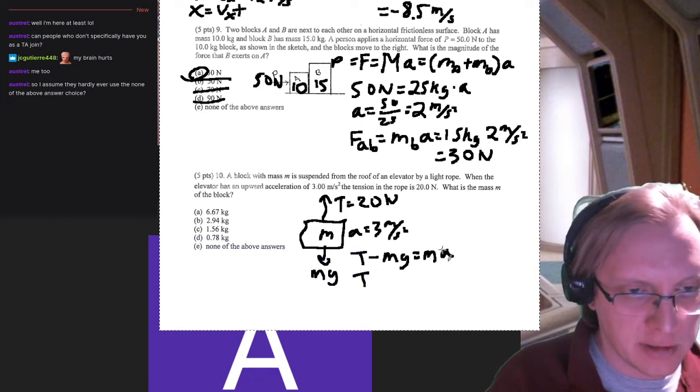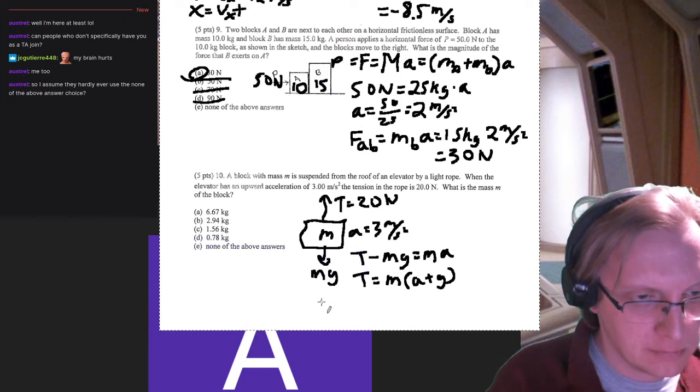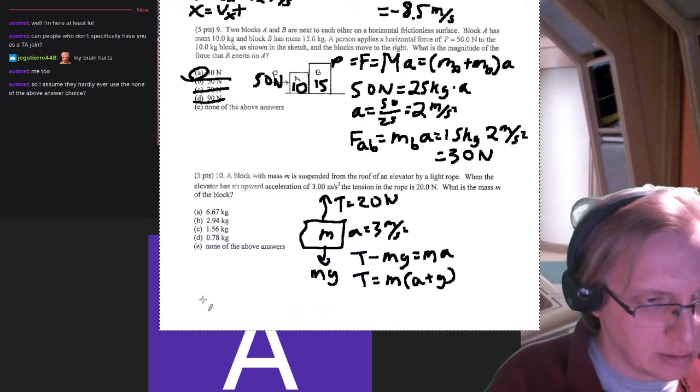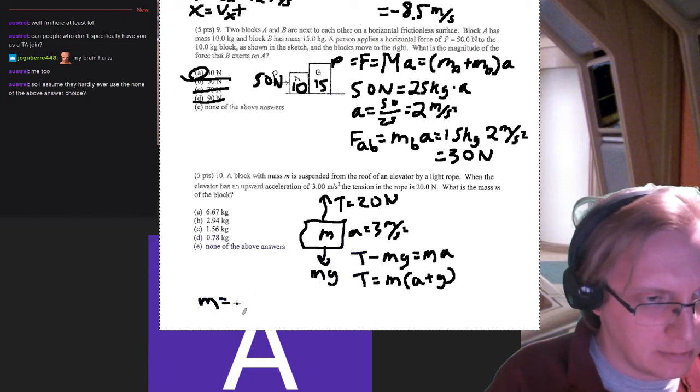T, move that to the other side, and we end up with m times a plus g. Therefore, m is equal to T over a plus g.